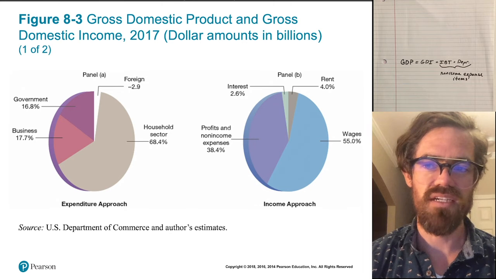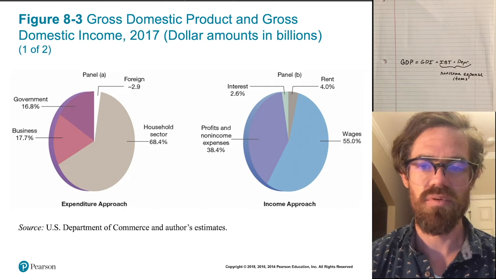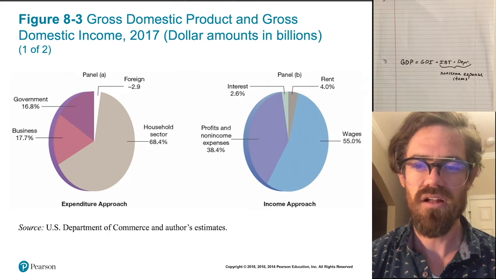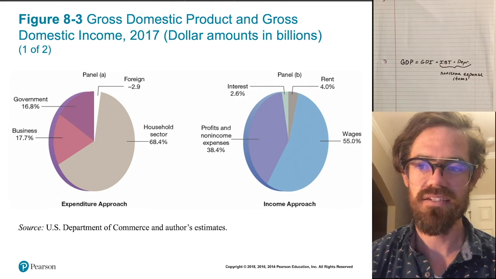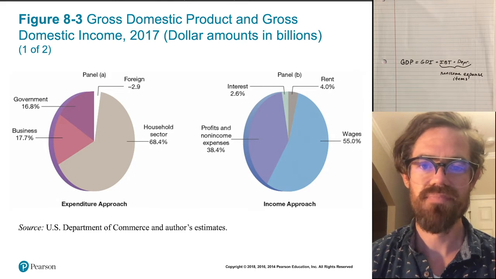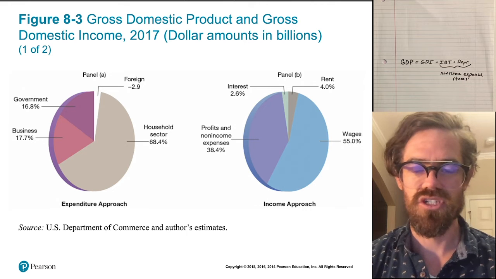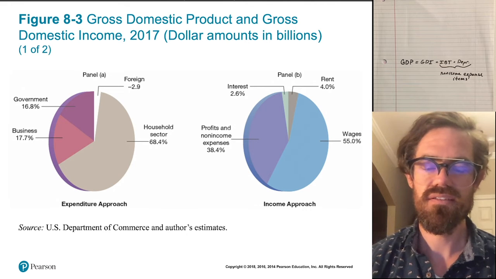Rent is the next biggest chunk at 4%. Surprisingly small, actually. I would have expected that to be bigger as an undergraduate. And then interest is the smallest chunk at just over 2.5%.